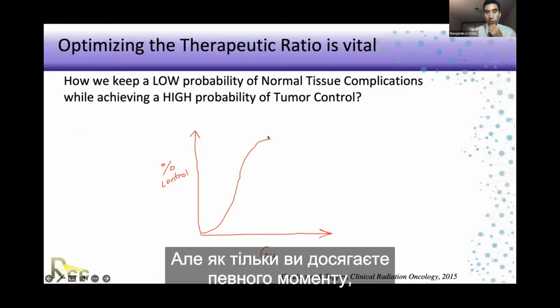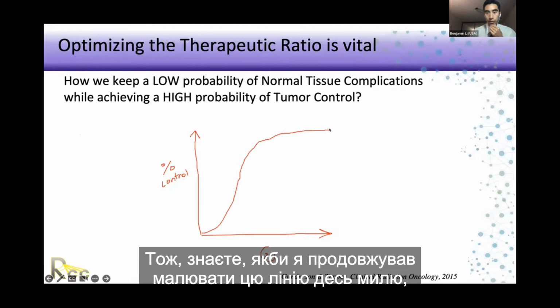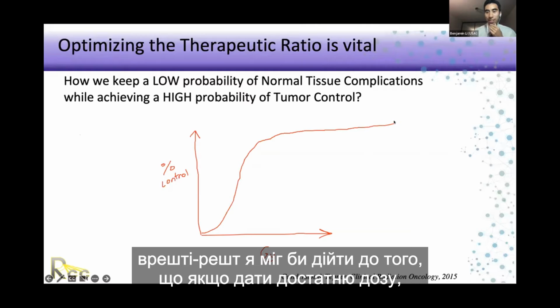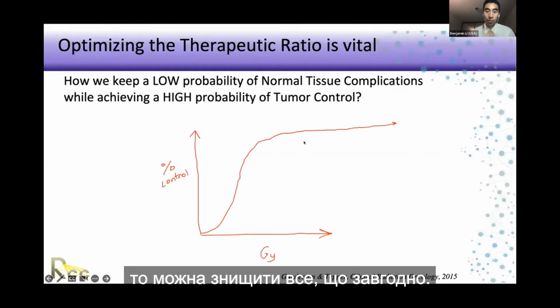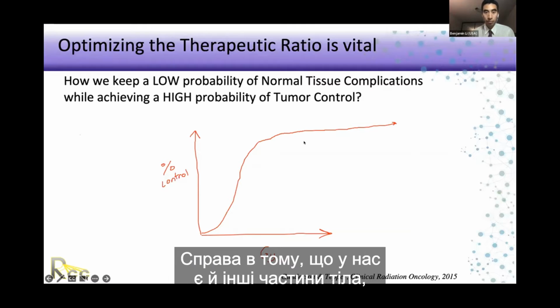But once you get to a certain point, the extra dose you add is adding maybe not as much. So, if I kept drawing this line for like a mile, eventually I might get down. If you give enough dose, you can destroy anything. So why is it that we sometimes struggle to cure cancer?